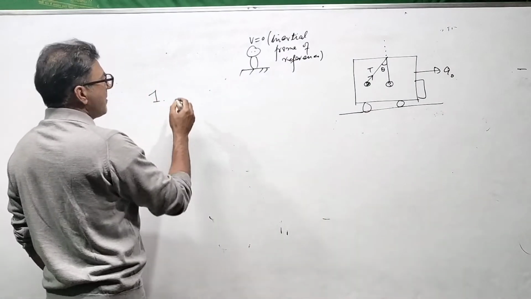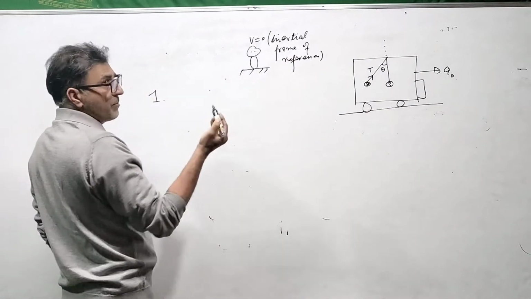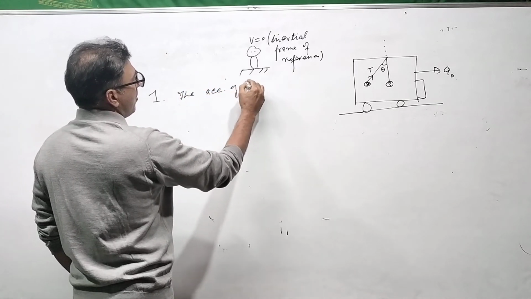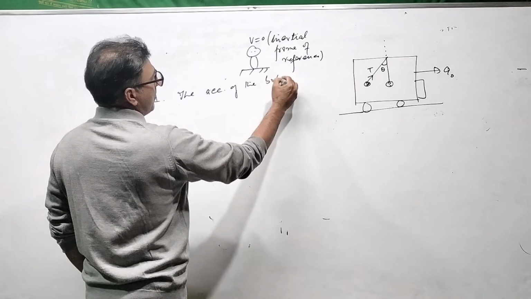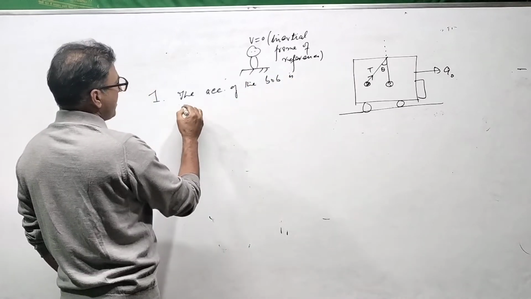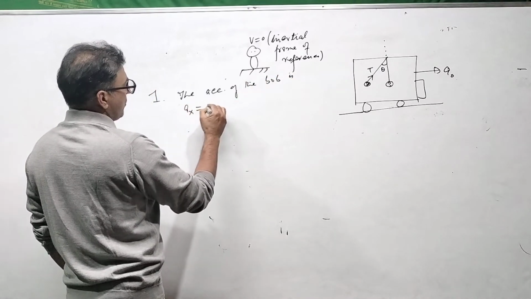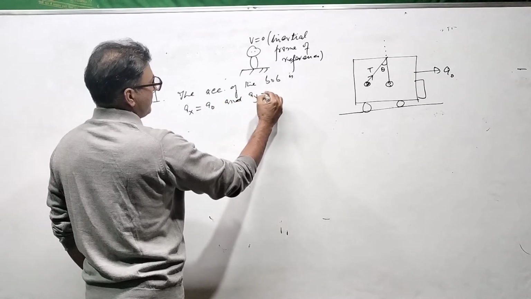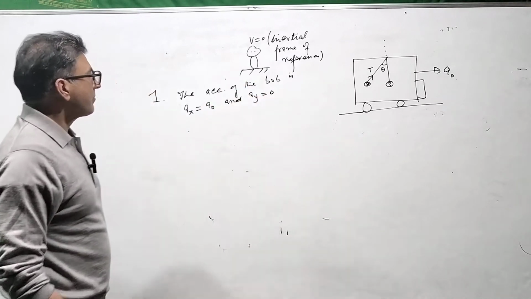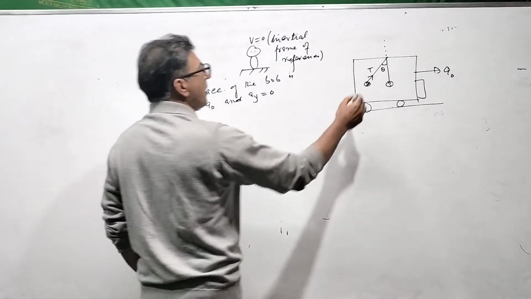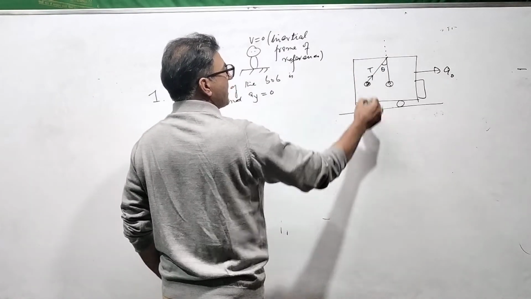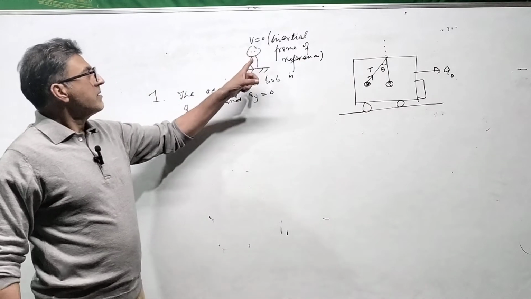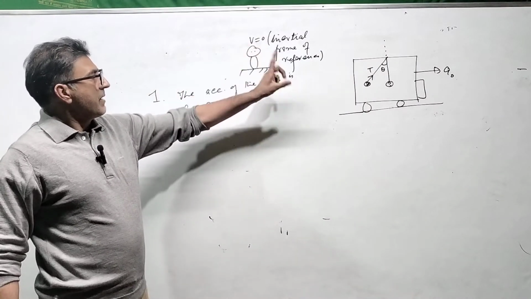So the first observation: the acceleration of the bob is ax equal to a0 and ay equal to 0, because there is no motion of this bob in the vertical direction. There is no acceleration in the vertical direction. This is the first observation of this observer in the inertial frame of reference.